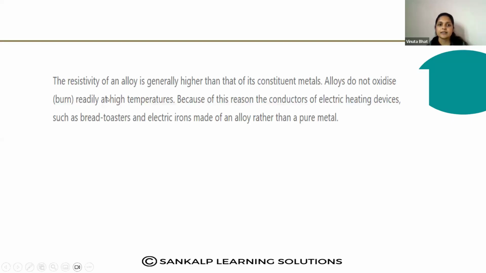Here, the resistivity of an alloy is generally higher than that of its constituent metals. So, when the resistivity is high, alloys do not oxidize readily at high temperature. Because of this reason, conductors of electric heating devices such as bread toasters and electric irons are made of alloy rather than a pure metal. When the resistance increases, the heat production also increases. So the alloys are used.